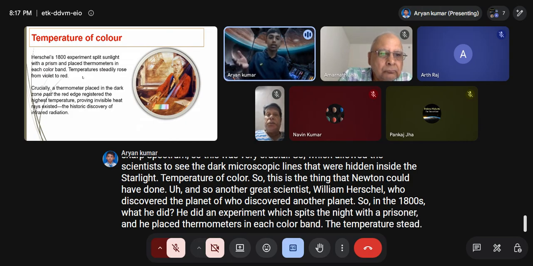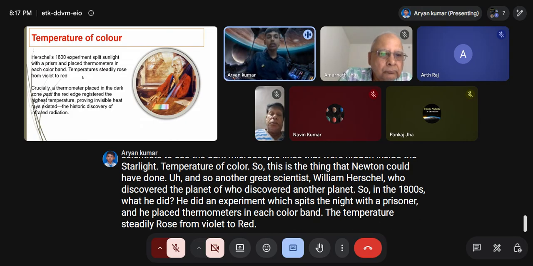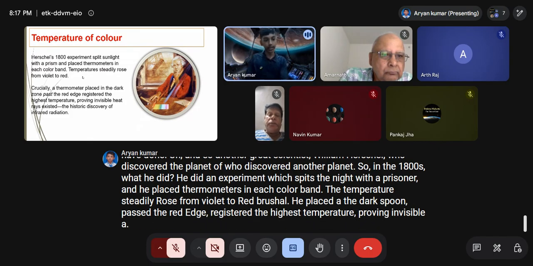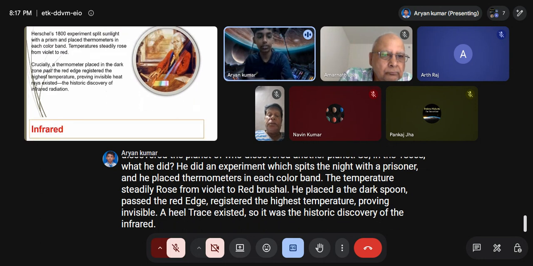The temperature steadily rose from violet to red. Crucially, he placed a thermometer in the dark zone past the red edge, registered the highest temperature, proving invisible heat rays existed. So it was the historic discovery of the infrared radiation.